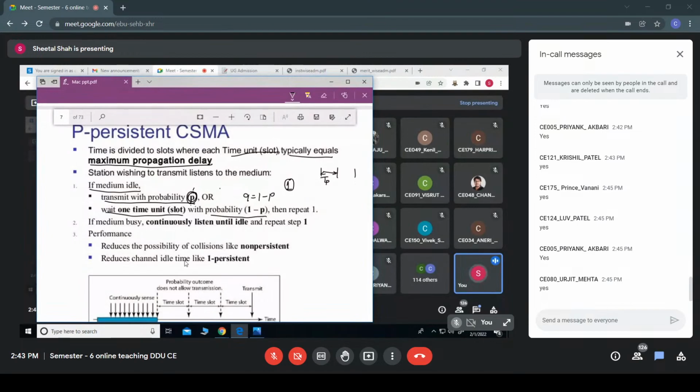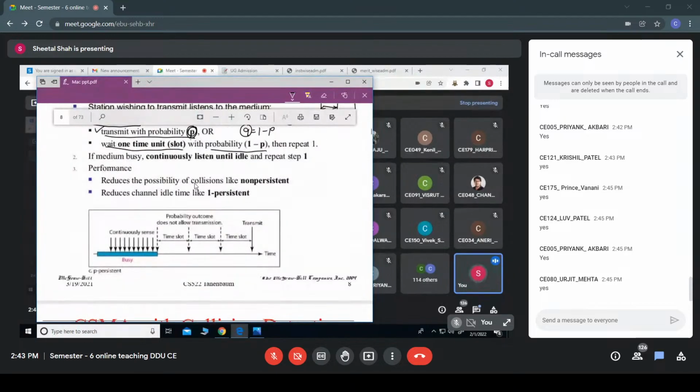Either with the probability P, it starts transmitting even if the channel is free, or it would wait till the next slot with the probability Q. And then again, it would start with this. So here also, continuously it would listen to the channel.